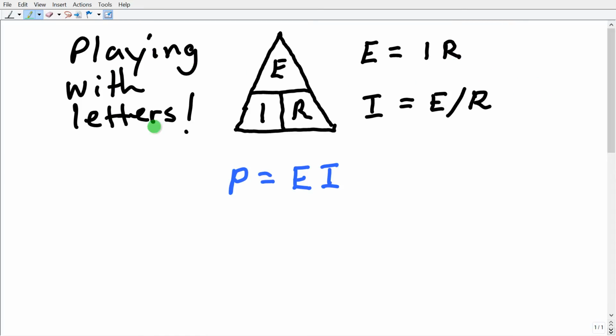Well, let's play around with these letters a little bit. You may know the Ohm's law triangle, which gives you the three formulas for Ohm's law: E equals I times R, I equals E over R, and R equals E over I. Again, E in volts, I in amperes, and R in ohms.